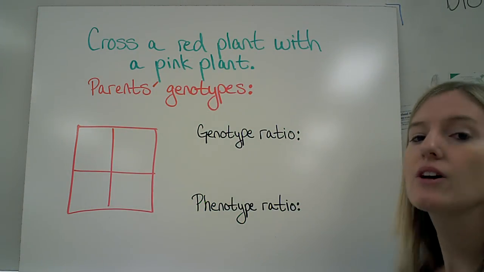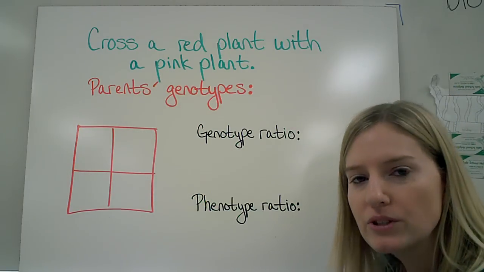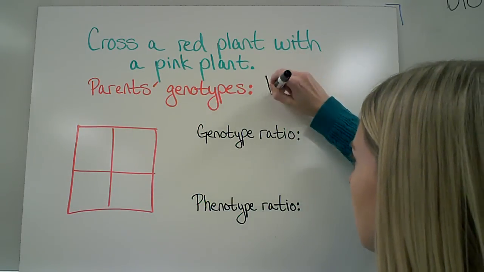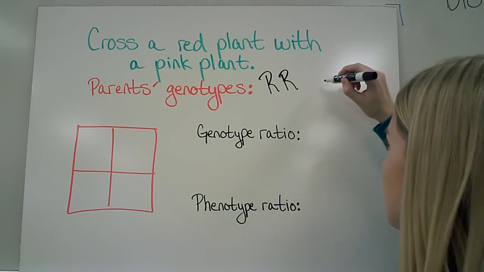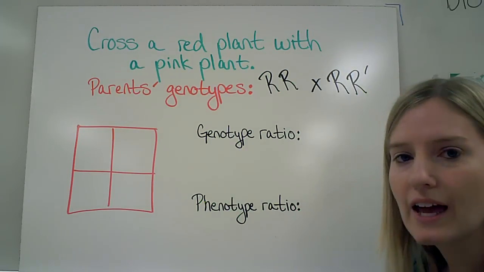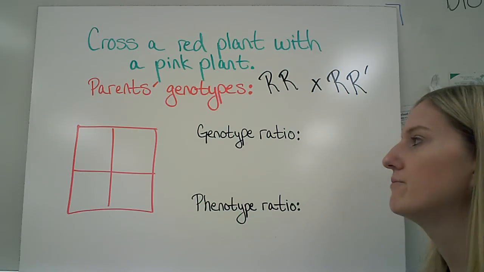Let's try another one. This time I'm going to cross a red plant with a pink plant. So what would those genotypes be? Well, red is capital R, capital R. Pink is capital R, R prime. Or again, you could use RW, whatever makes more sense to you.